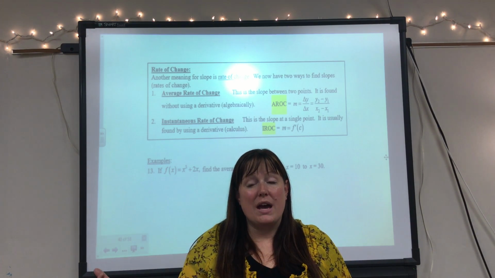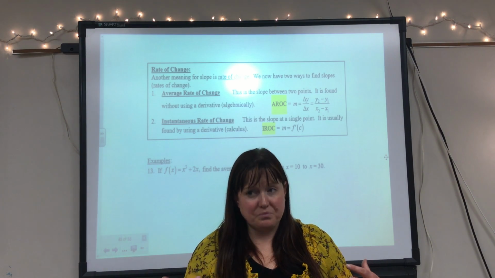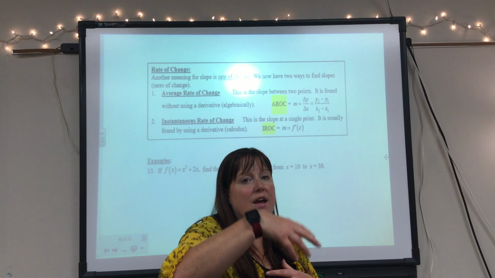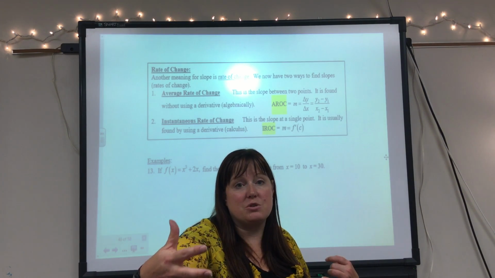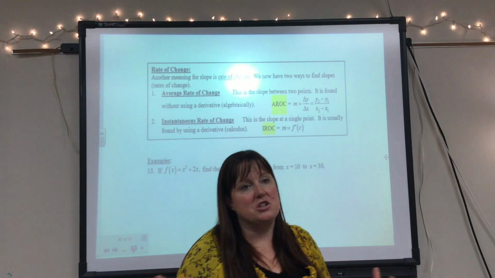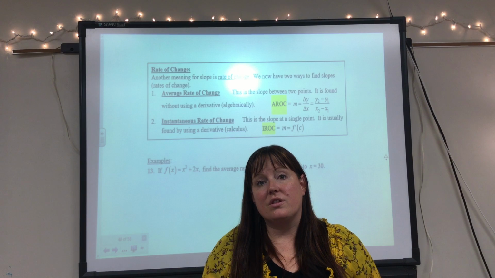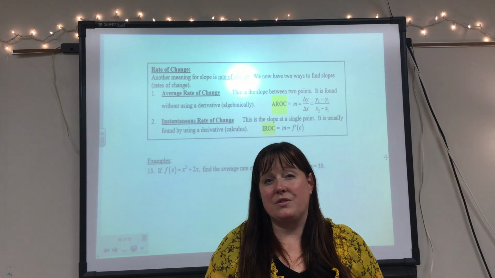So at any given moment on your trip, you're going a different speed. But to figure out how fast you went on average, you would just find the change in y over the change in x, the change in one value over the change in the other value. But that's all algebra. That's stuff we've done for a long time.